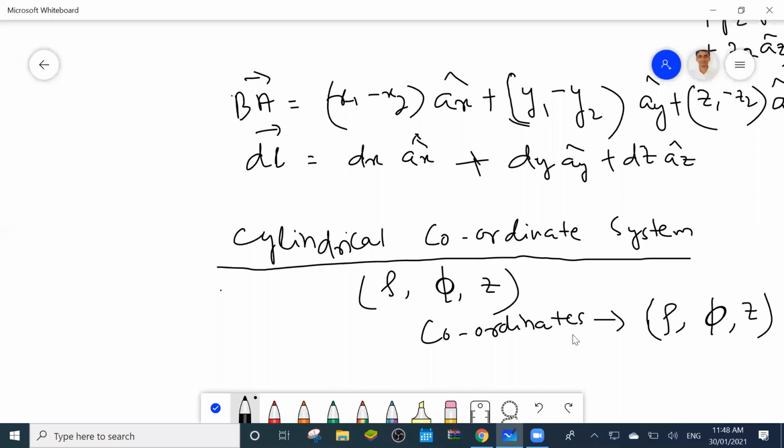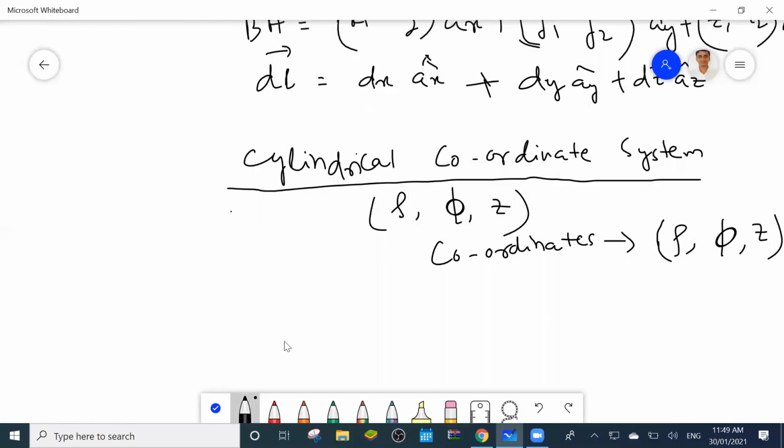In this case, rho is a radial distance, from the origin to that point. The rho or r lies between 0 to infinity. This is very, very important. Only the positive side, because it is the distance from the origin to that point. And phi is angular rotation.